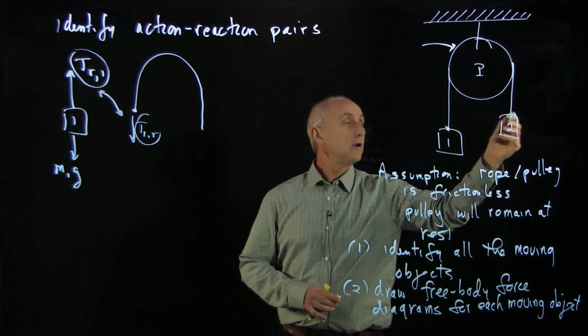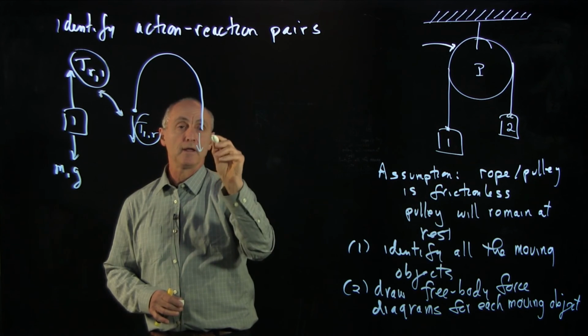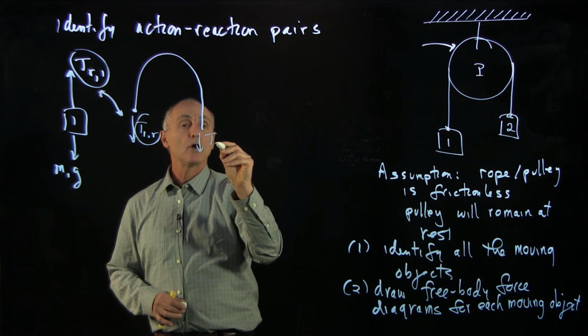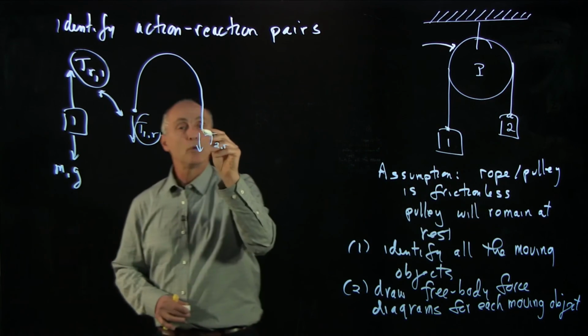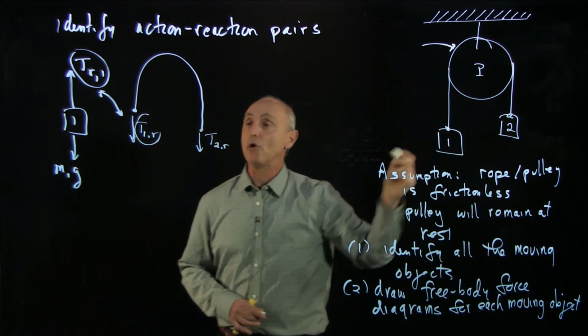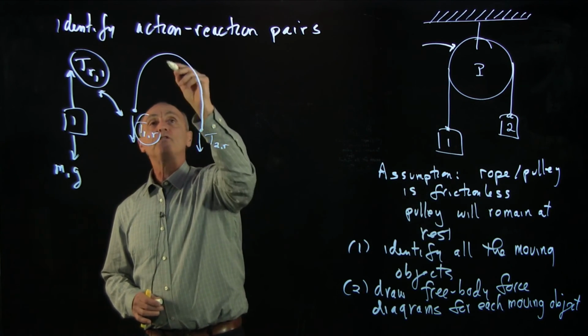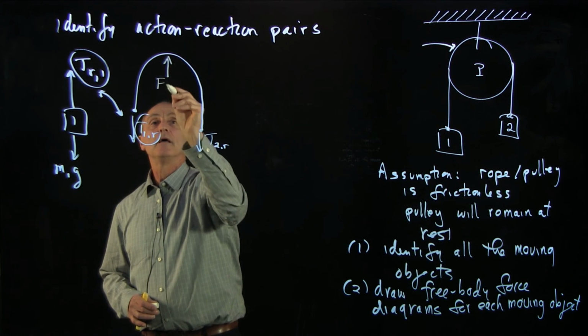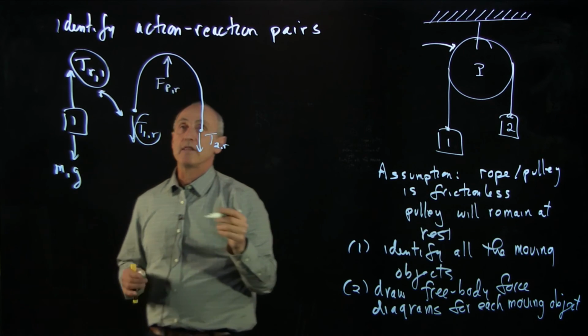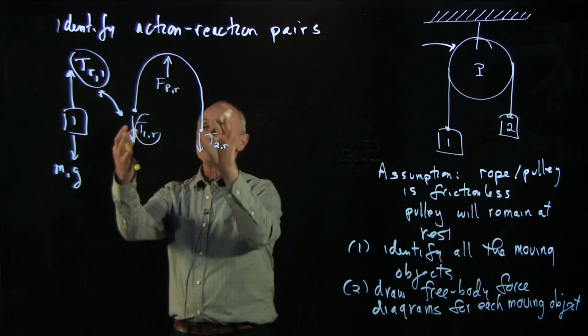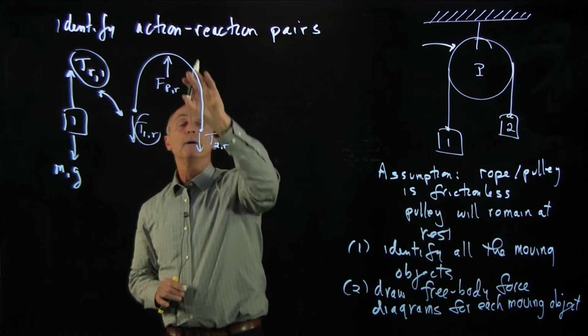Well, over here, object 2, T2, is pulling the rope down with the tension at the end of that rope. Also, the pulley is exerting a force on the rope upwards. And so these are the force diagrams on the rope.